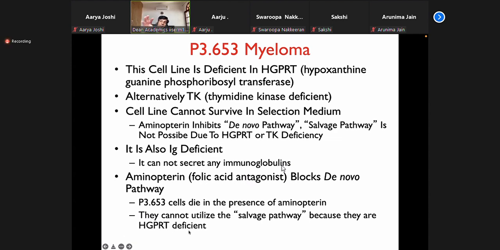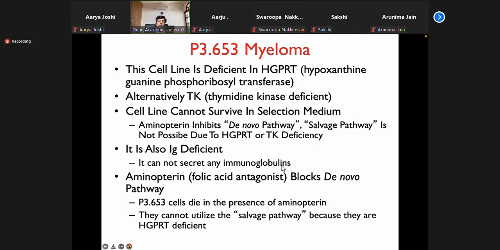However, if they are fused with primary cells, they can actually be selected using this HAT medium by utilizing the salvage pathway. So these are two pathways for synthesis of nucleotides. And we said that these nucleotides are required for incorporation into newly replicating DNAs, right?